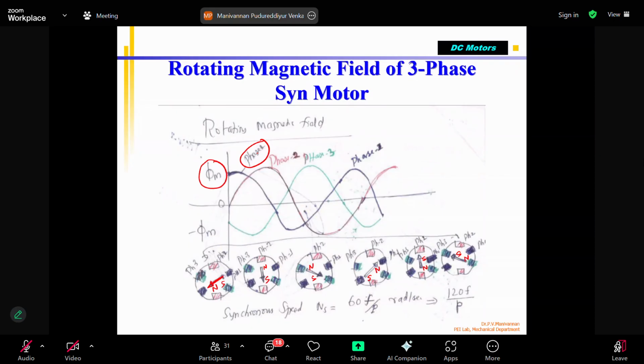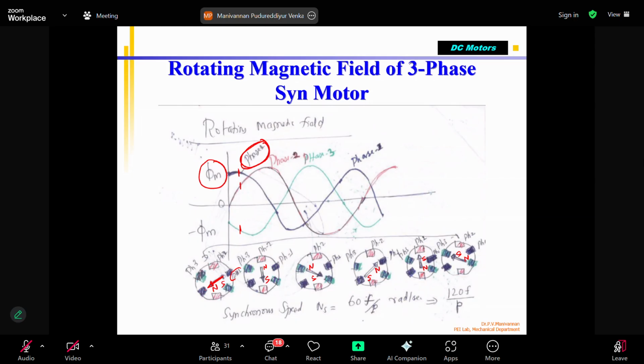I have taken blue as phase 1. That means this is at maximum voltage. During that time, the other voltages are lesser. Red is less, and green is under negative voltage, correct? So now, since the blue phase is energized, that is phase 1, it is magnetized.